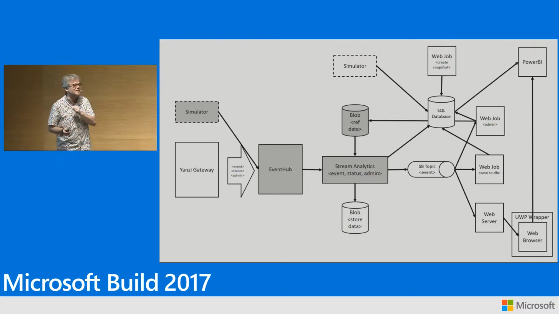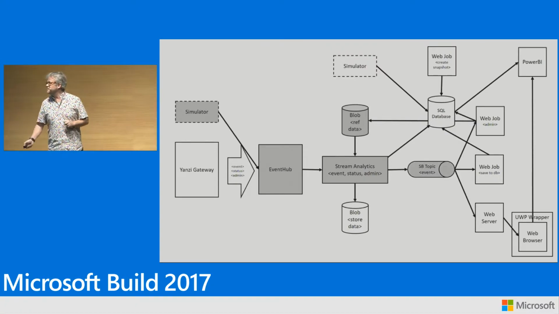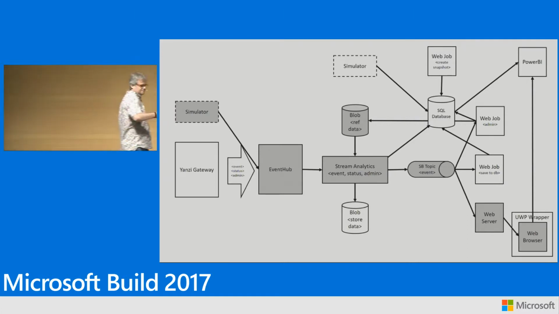Reference data is a part of Stream Analytics that is really, really important. And I will show you why. Then we use the service bus topic queue to send messages from Stream Analytics to the web server. And here we have SignalR and a WebSocket, so we send it out to the web browser. So let's do it now.